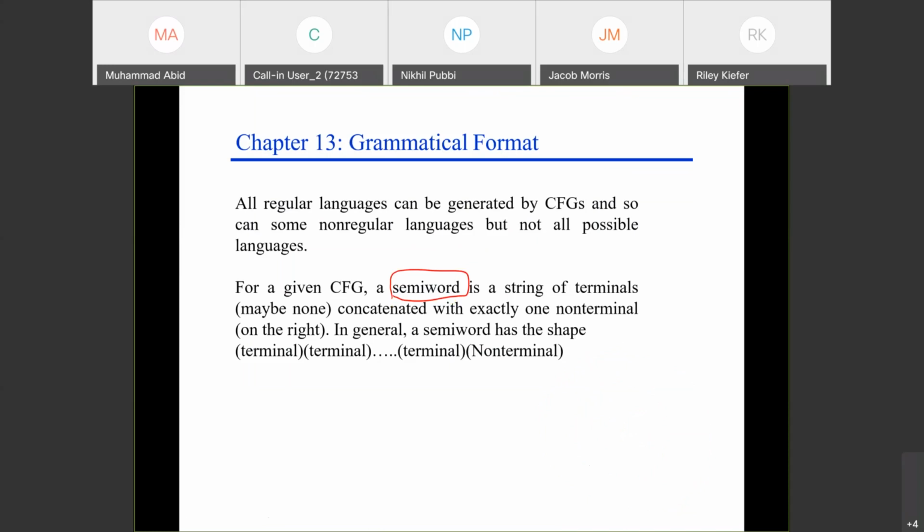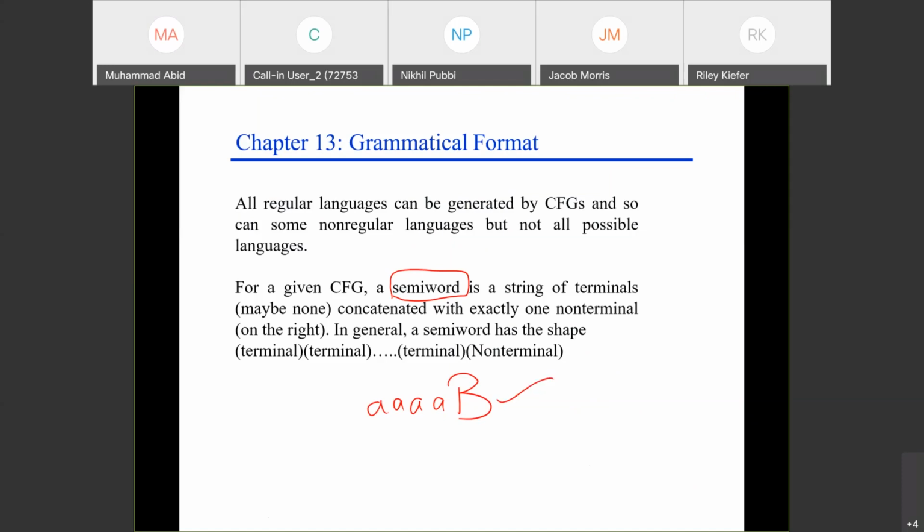In general, a semi-word has a shape like this. You may have more than one terminal, but the non-terminal should always be one and always be at the right side. That's it. Then we say this is a semi-word.